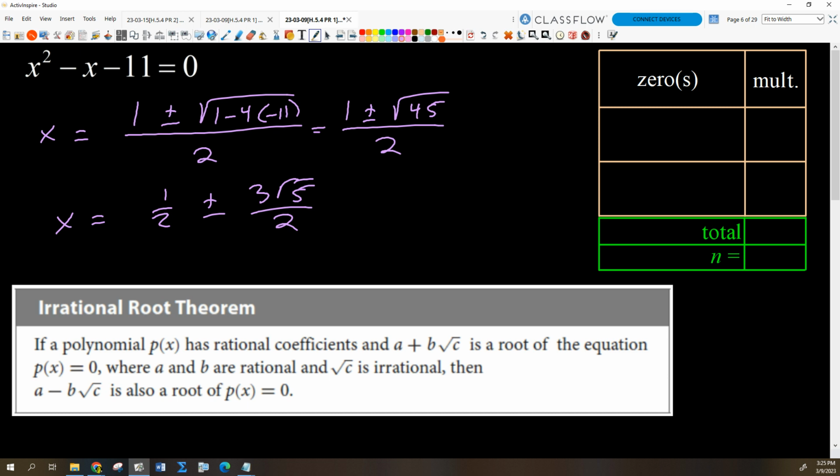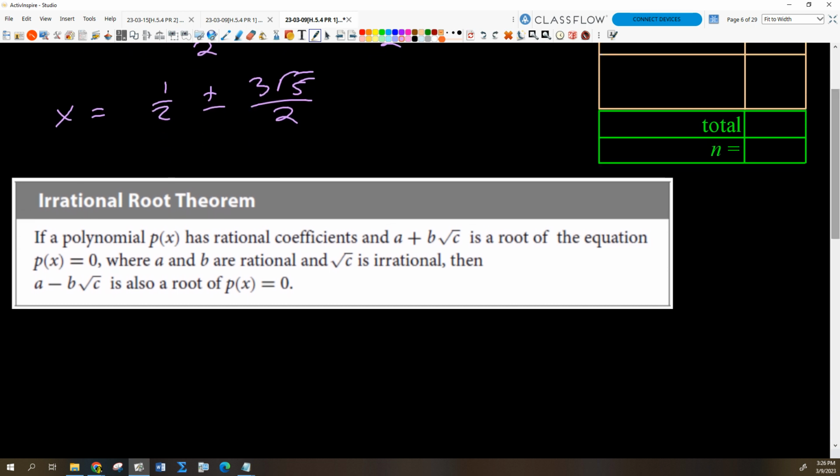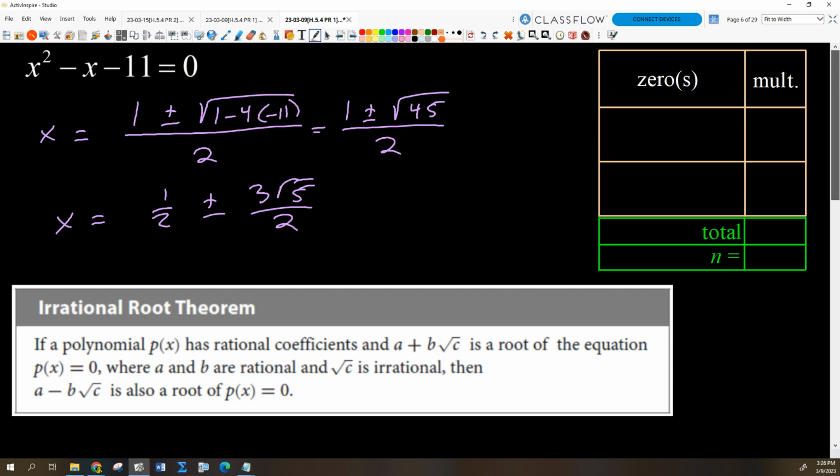Okay, something else happened here that's similar to that complex conjugate theorem. This is called the irrational root theorem. What this tells us is that if our polynomial has rational coefficients, if all the coefficients can be written in fractional form, which they can, right? 1, -1, and -11 are all rational numbers, aren't they?